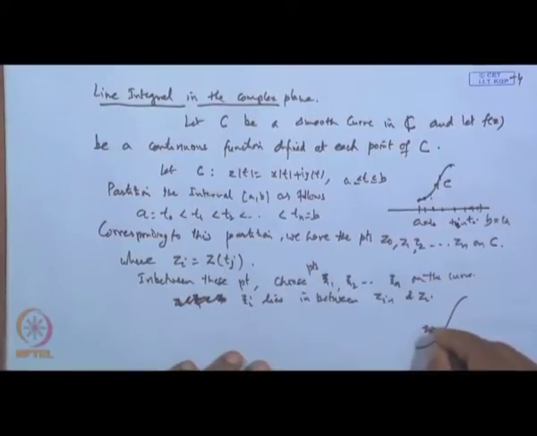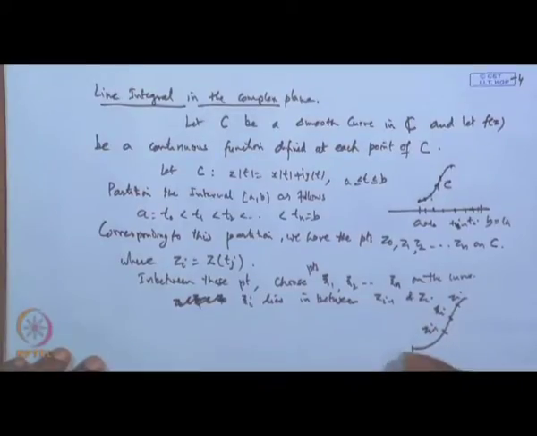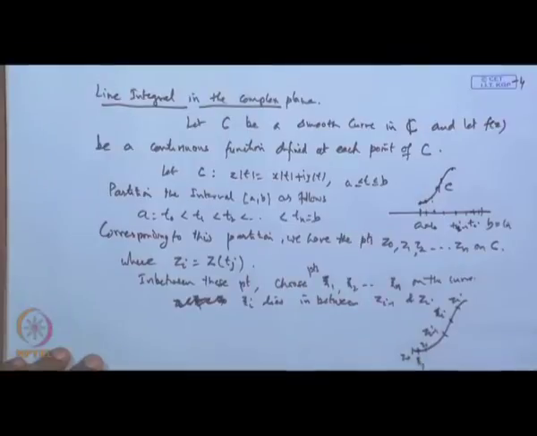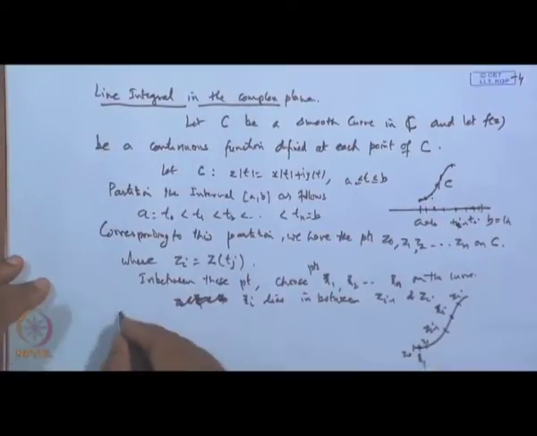Here is z(i-1), this is our zi, and here I am taking zeta i. Similarly, here is z0, this is z1, and somewhere here we are taking zeta1, a point on this arc.